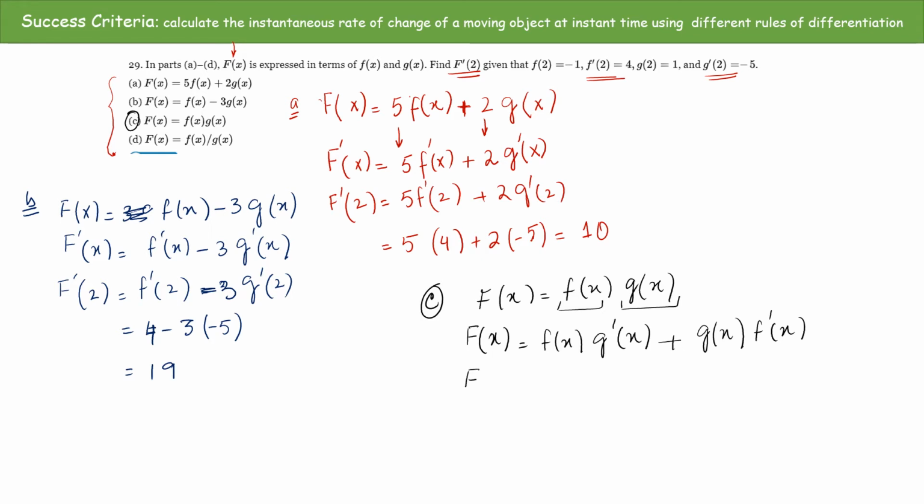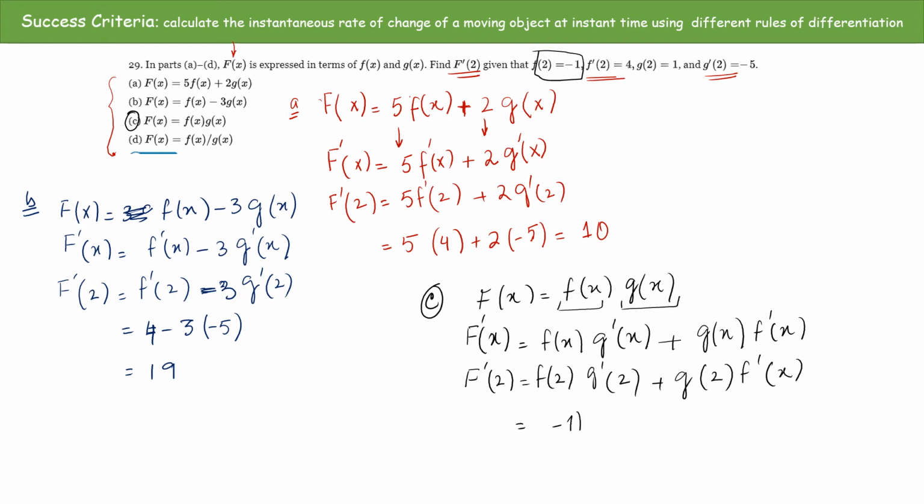Now that is all. Take F prime of 2, which means replace all the x by 2. Now be careful while collecting and then rewriting your data. Here f of 2 is equal to -1.